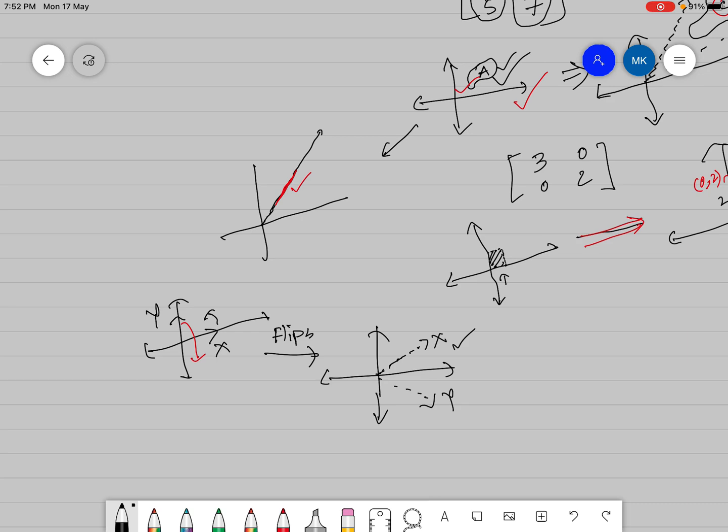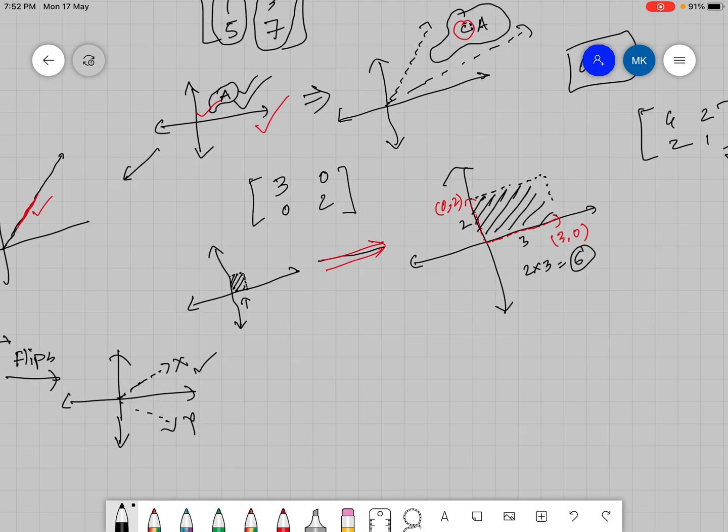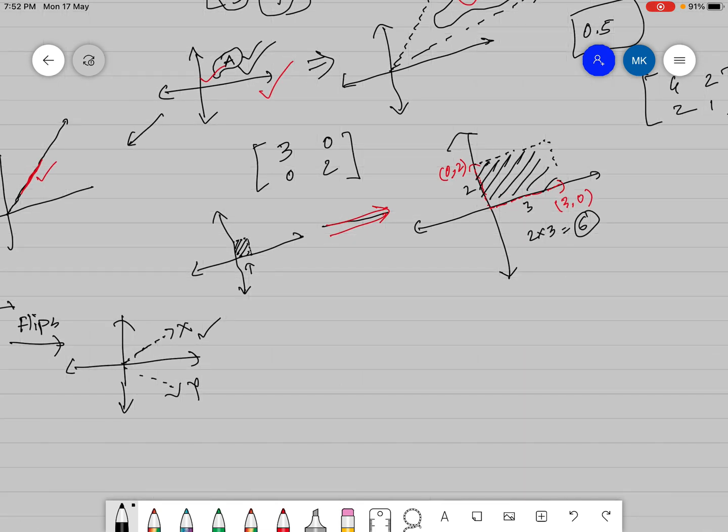So far we have talked about the 2D cases. What about the 3D cases? What about these 3 by 3 matrices? Simple: for 2 by 2 matrices the area was stretched or squeezed. In the case of 3 by 3 matrices, the volume gets scaled, stretched or squeezed.